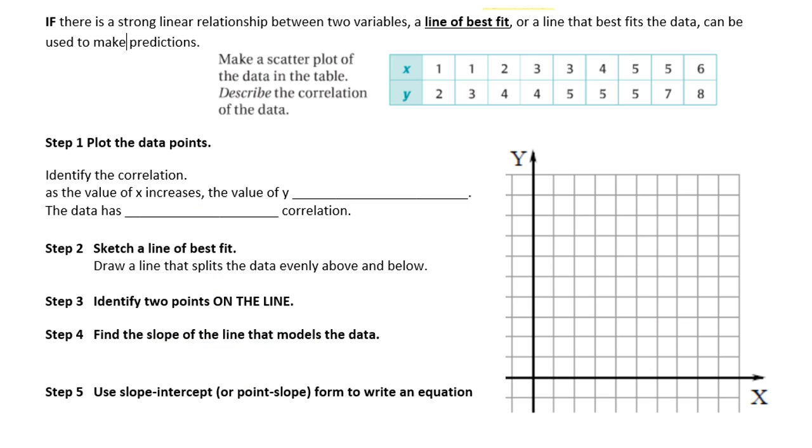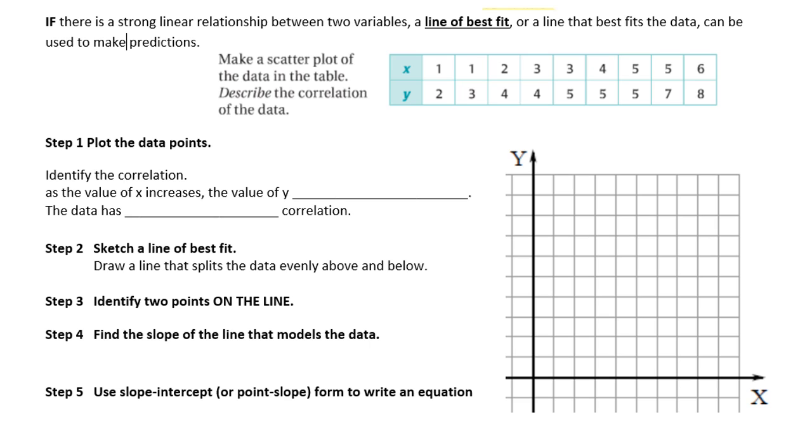Sometimes, by just looking at the scatter plot, we can create a line that could possibly represent the scatter plot. And this type of line is called a line of best fit. That's the line that can best represent the situation.